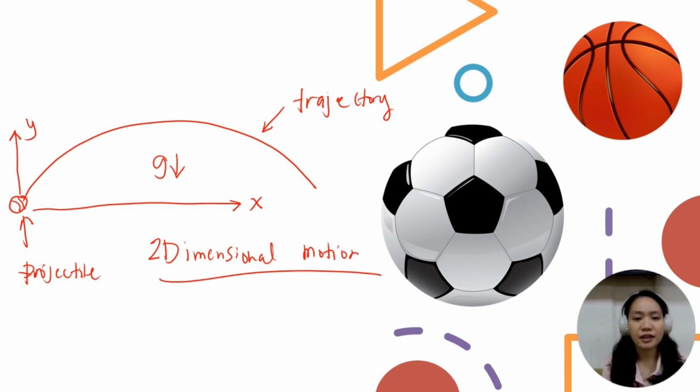This type of motion tells us that the object is moving in two axes. We have the x and the y axis. And in projectile motion, the type of motion happening on the x axis is entirely different from the motion happening on the y axis. So what are those motions?